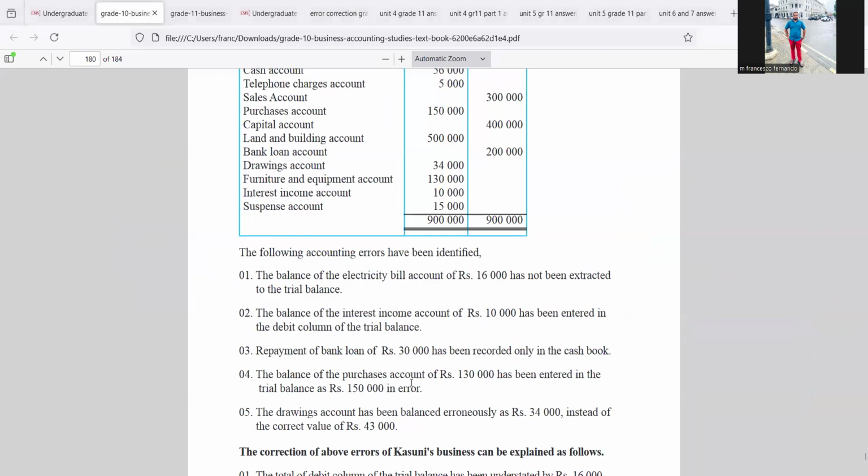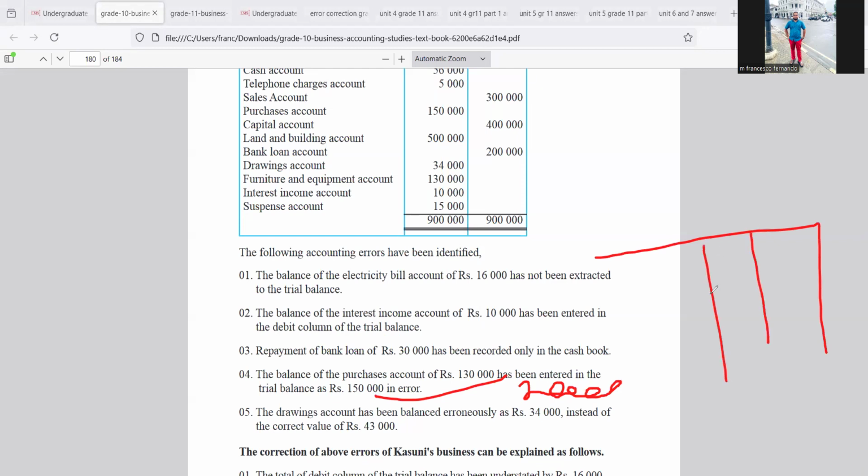The balance of the purchase account, 130,000, was entered in the trial balance as 150,000. So you can see there is a gap of 20,000. Purchase is an expense, so it is debit. Here they have recorded it as 150,000, but it should be 130,000.